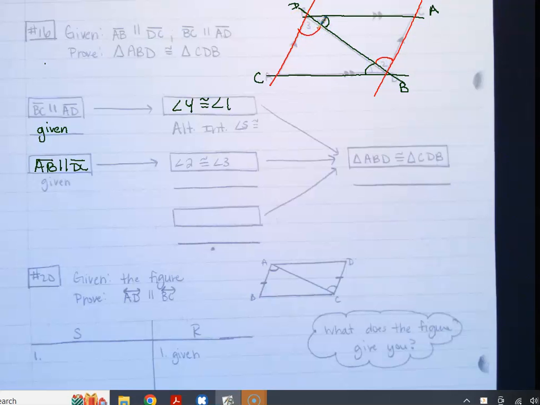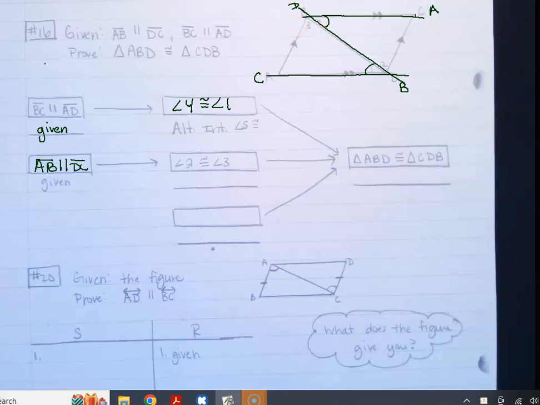Is that what you're saying? I did it the other way and just called them alternate exterior angles. But they would still be alternate interior. Well, I thought 4 and 1 were exterior, but okay, let's go back. No, you're good. 4 and 1 were exterior. Okay, so they're interior here.